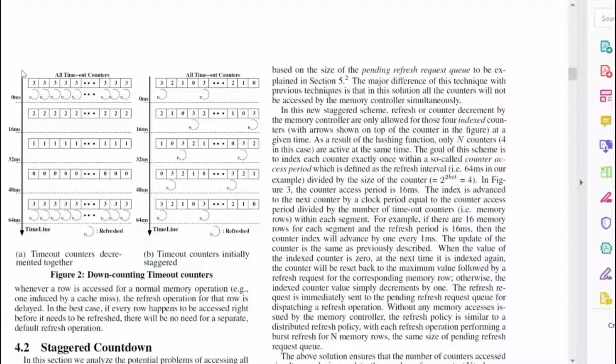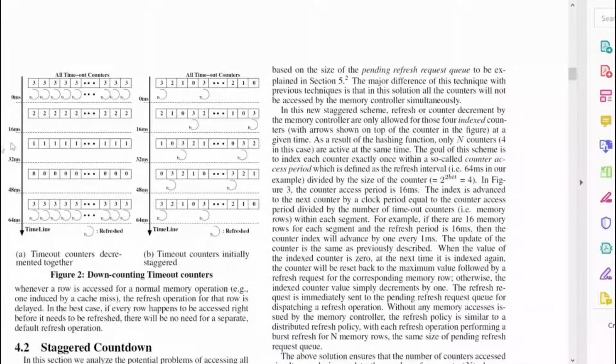Now suppose the retention time of this DRAM is 64 milliseconds, and this is a 2-bit counter, so there are four possible values: 3, 2, 1, and 0. Once the value is 3, after 16 milliseconds it is decremented to 2.